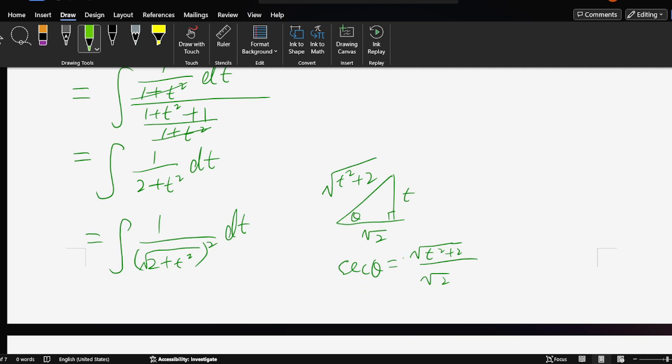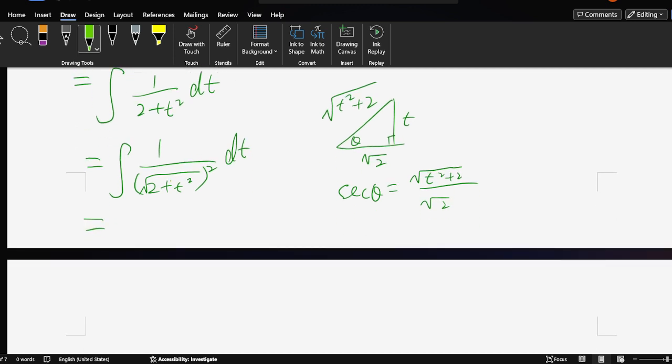So that means we can substitute. Here, 1 over this, 2 plus t squared, equals, let me rewrite here for easy understanding: the square root of 2 plus t squared equals the square root of 2 secant theta.